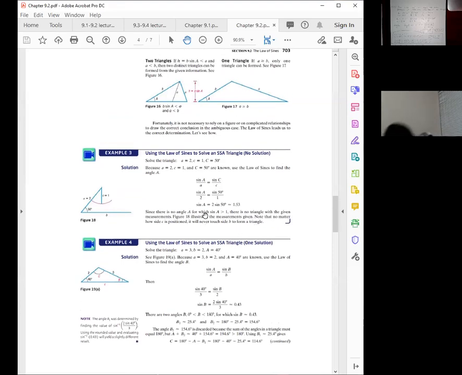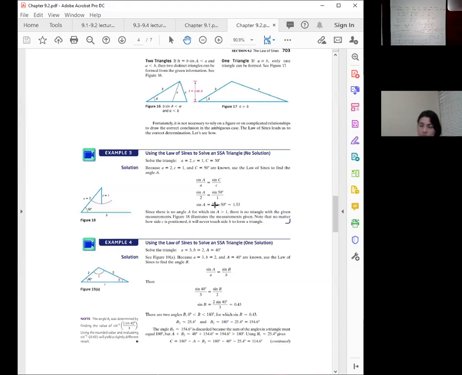So notice how they get sine A greater than 1. You know that the biggest sine can be is 1, and the lowest it can be is -1. So if you get something contradictory, that's already telling you it's false. And if you were to try to do sine inverse of this, which is how we've been doing it, you would get an error. So if you see an error or a false statement on paper, that should give you hints that there is not going to be a triangle.